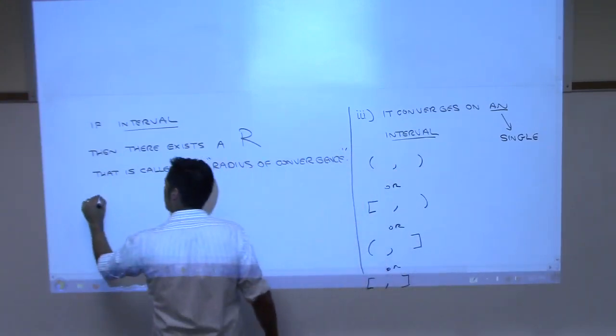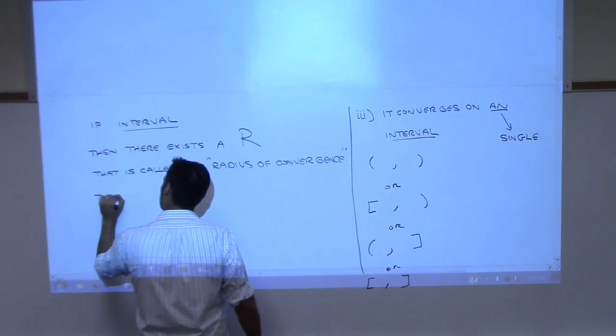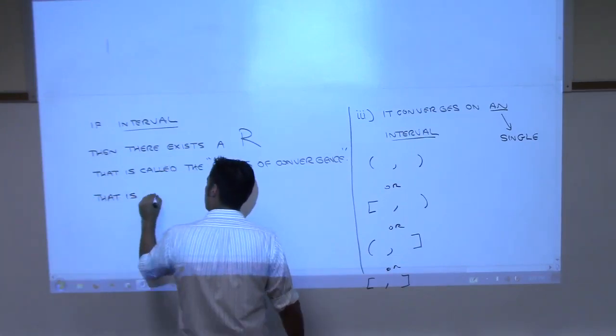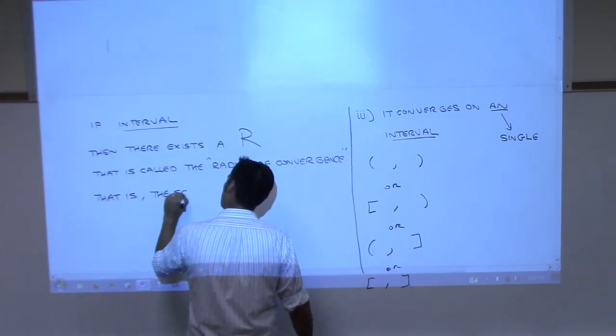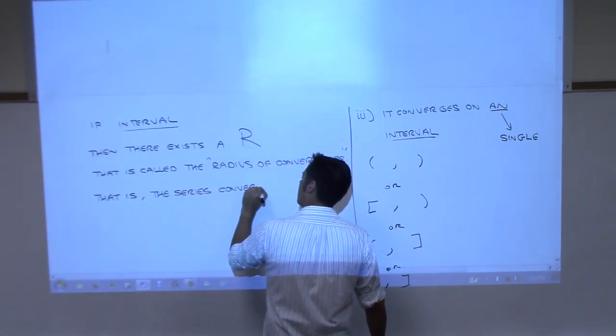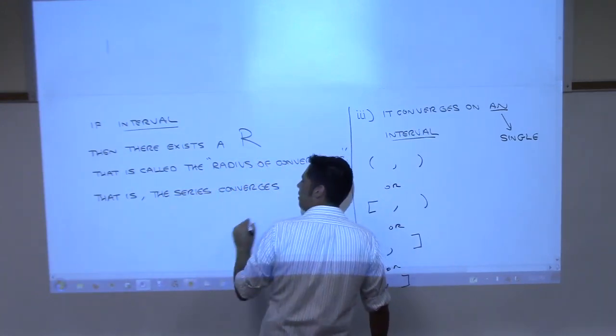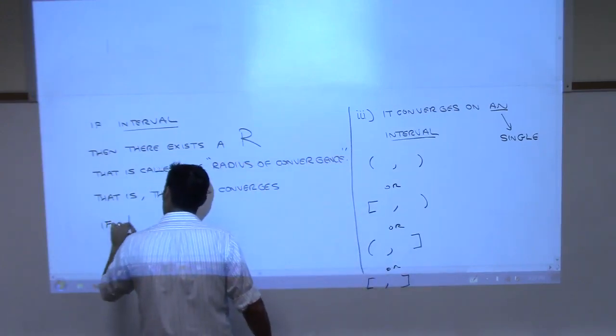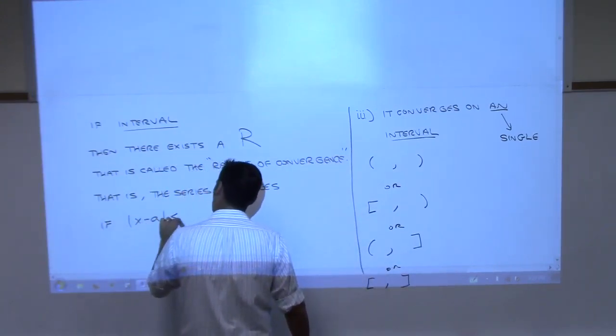That is, the series converges if the absolute value of x minus a is less than capital R.